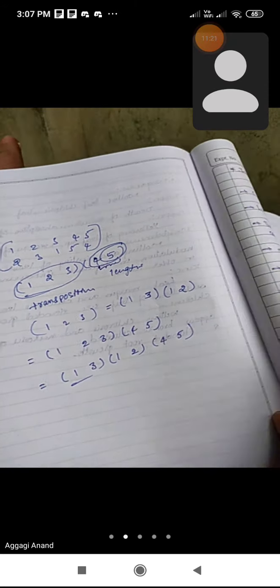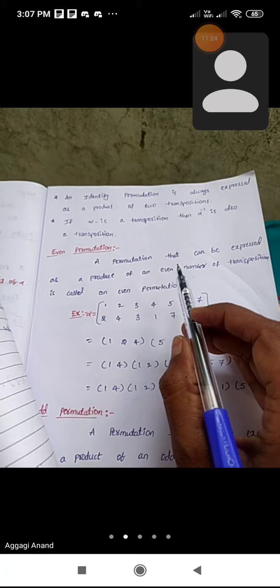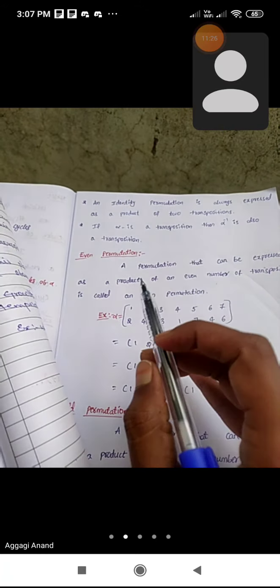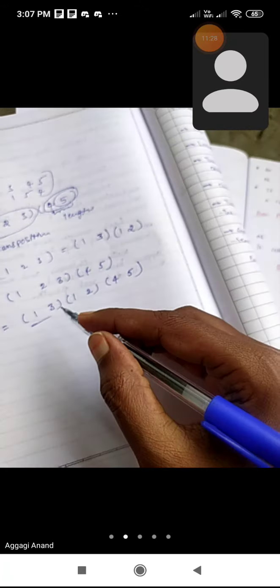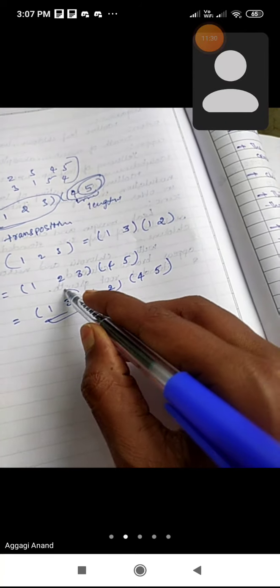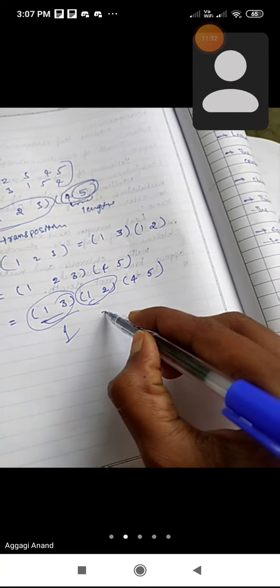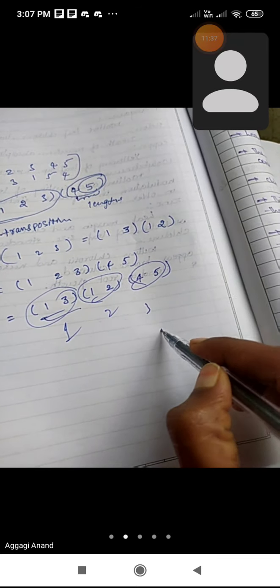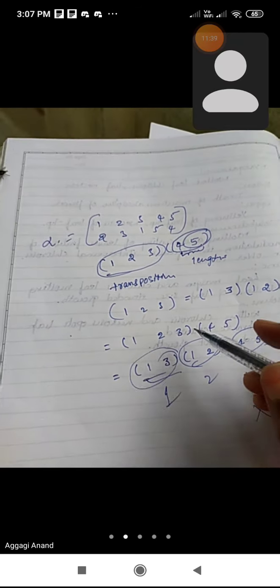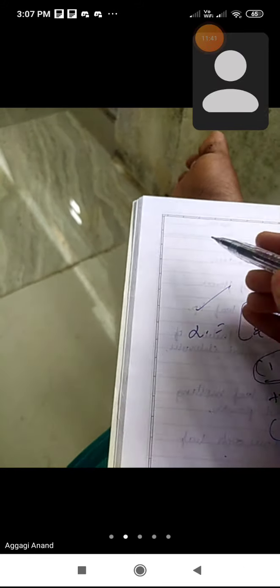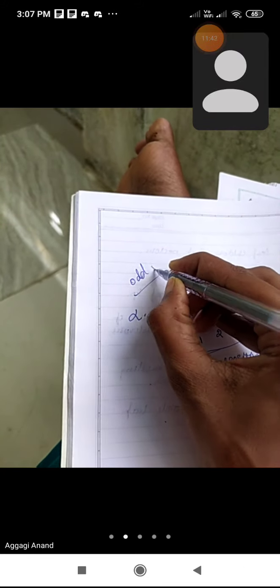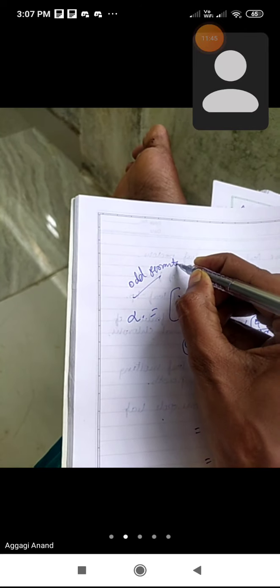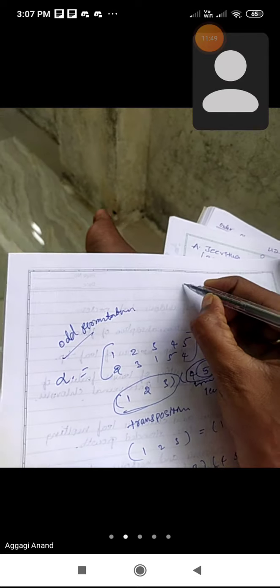So a product of an even number of transpositions is called an even permutation. Is this an even number or odd number? This is 3. It is not an even number, so this permutation is called an odd permutation.